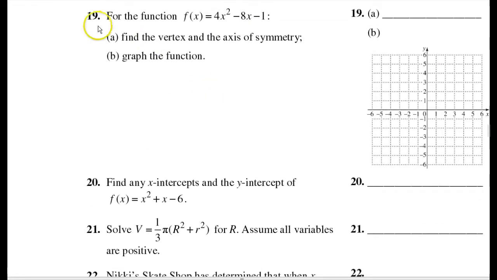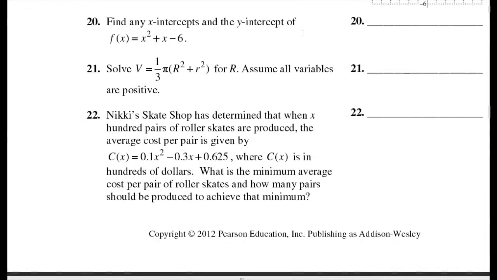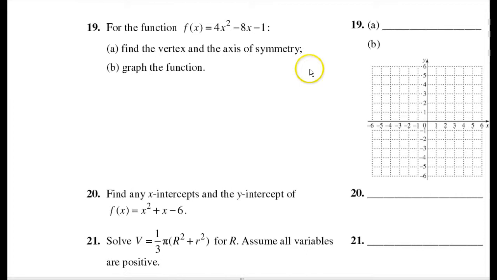Now, for number 19, they're giving you the function. They want you to find the vertex and the axis of symmetry and then graph it. Well, for this, what we want to use is the background that I'll give you right now.